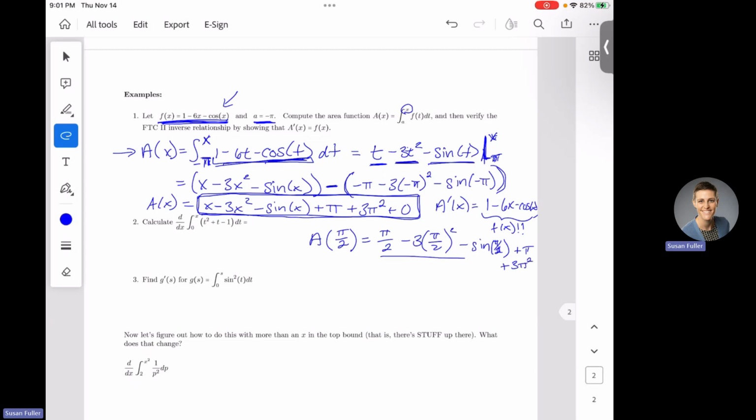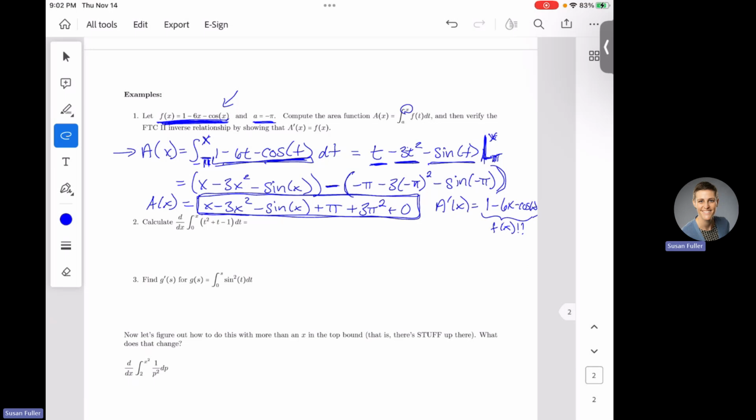And if I would add all of this together, you can put it in your calculator if you wanted to, what would come out is the total area from x equals negative pi all the way up to pi over 2 underneath this 1 minus 6x minus cosine of x. So that's what this area function does. You plug an x value in, you get area out, and the way that you find it is setting up a definite integral with your variable in the bound.